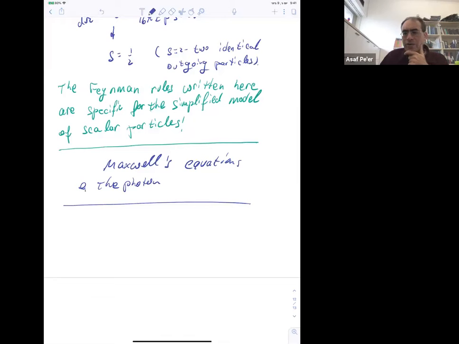What happens in quantum physics? When we go to quantum physics, the fields are being quantized, and when they quantize, they get the properties of a particle. This particle, as we're going to see, is really a photon.